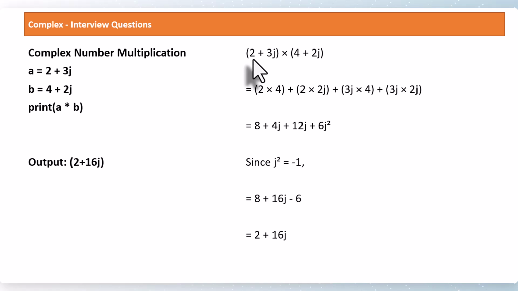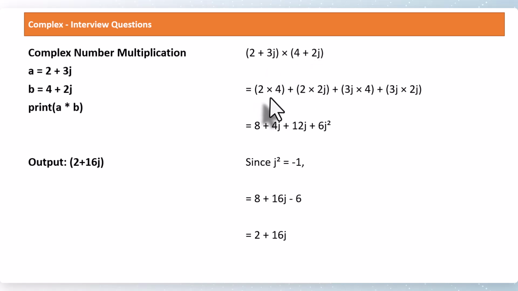The first number in the first complex number multiplied by the first number in the second complex number, so it is nothing but the real parts. So 2 multiplied by 4, plus 2 multiplied by 2j, plus 3j multiplied by 4, plus 3j multiplied by 2j.